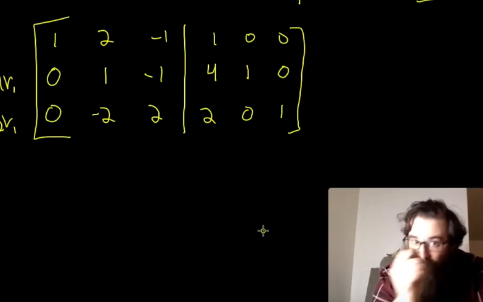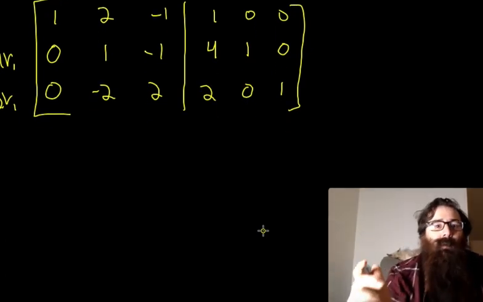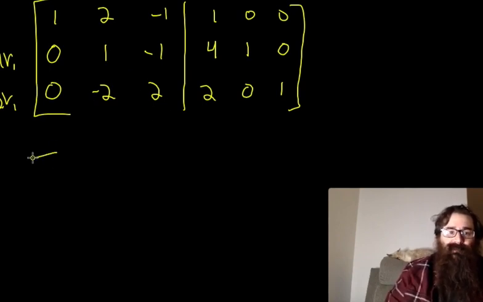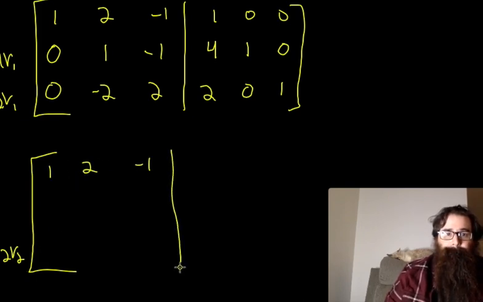I want to keep going with this reduction. So what about next? Well, I can do some more row reduction, for example, in row 3, and I can use row 2 to facilitate that. So let me replace row 3 with row 3 plus 2 times row 2. I'm going to rewrite row 1 and rewrite row 2.